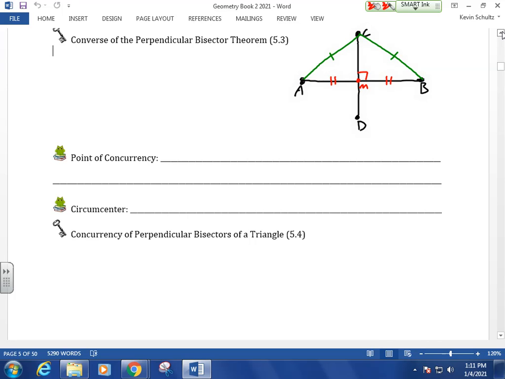If we're given that point C is equidistant from points A and B, we can conclude that that segment, ray, or line is a perpendicular bisector. All right? I'm sorry, 5.3. Converse is 5.3. The first one was 5.2.